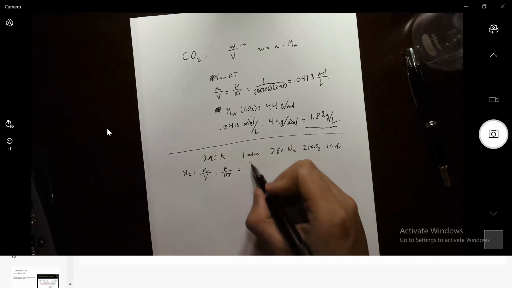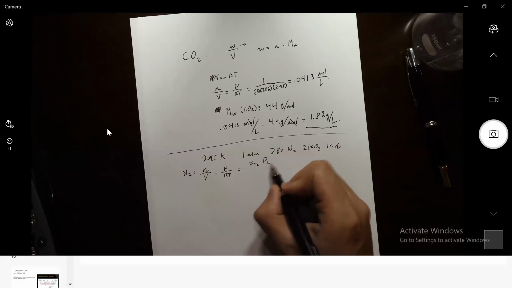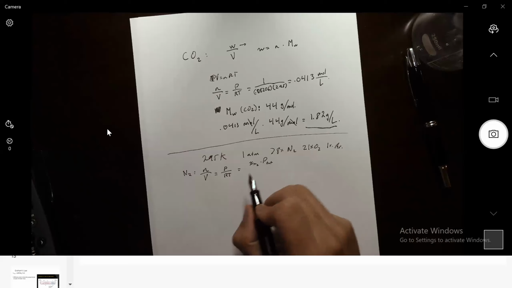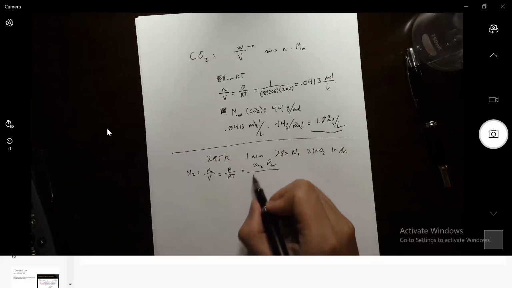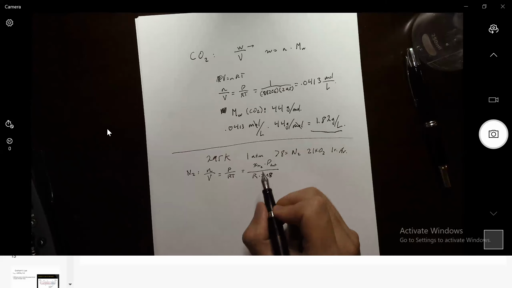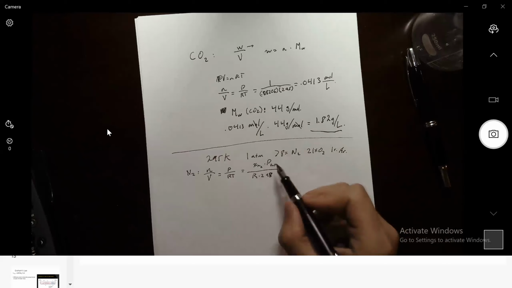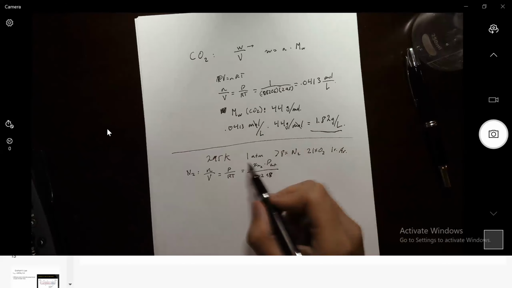So it equals X. Can someone tell me what it is? Nitrogen is 78% of the total, and the total is 1 atmosphere.